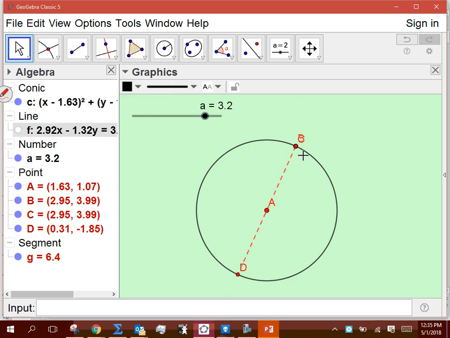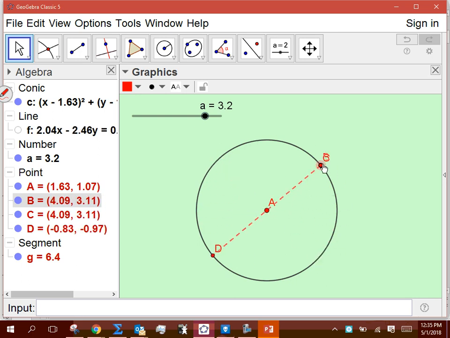Would you guys agree that the red dotted line, no matter where I put it, is a diameter?